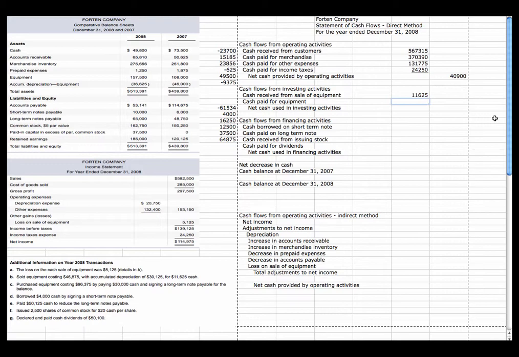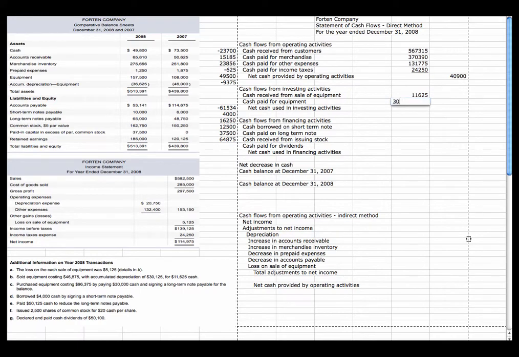Next, the cash paid for the equipment. Cash paid for the equipment, which is the new equipment right here, we paid $30,000 in cash. Even though it cost us $96,000, we only paid $30,000. The rest of it is into long-term notes payable. So because it's long-term notes payable, it's not considered a use of cash. So we'll put the $30,000 in here.